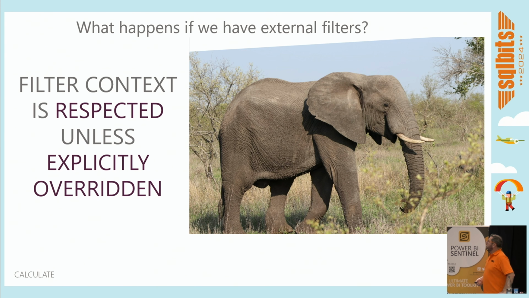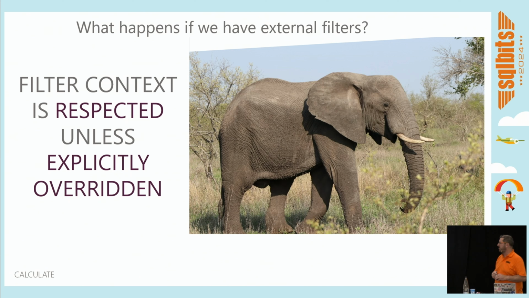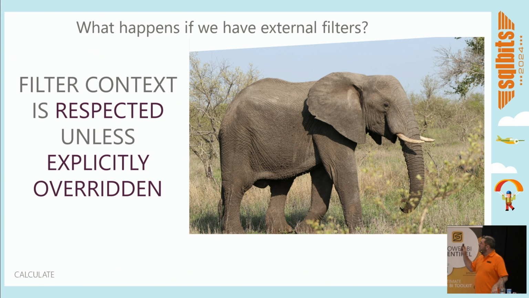So from a theory point of view, the original filter context is respected unless it's explicitly overwritten. This is the first kind of complicated concept that we're talking about. If I've got normal filter contexts that I'd already been working on, they would all be respected unless explicitly overwritten.